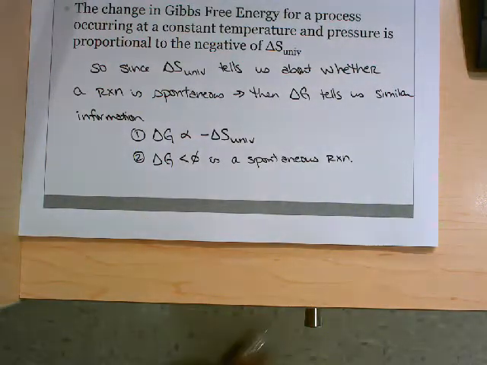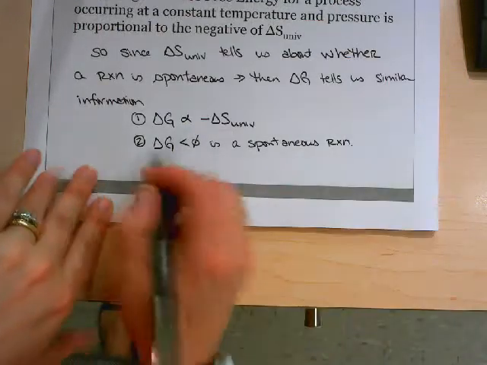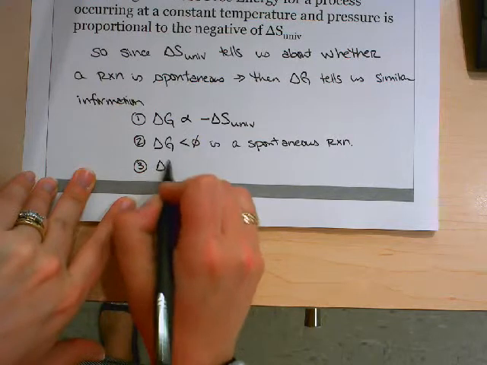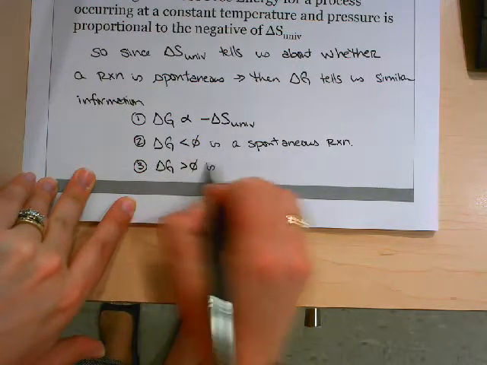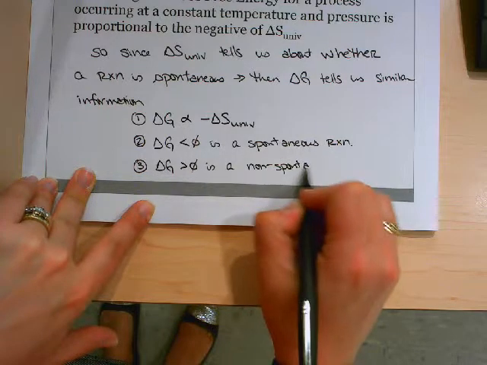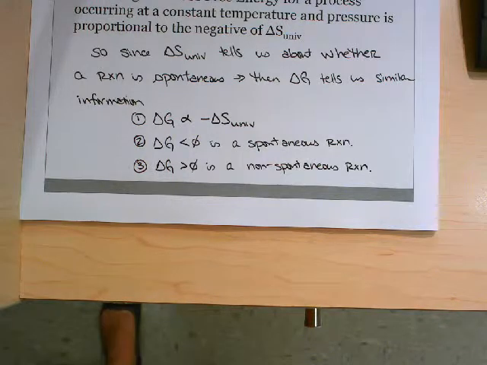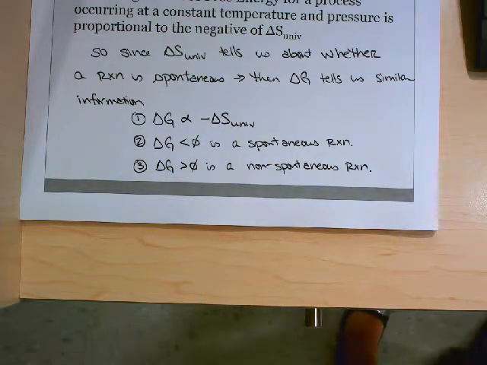So since they're equal but opposite signs, you'd have a negative delta G for a spontaneous reaction. Or the opposite is true: if delta G is positive, then that is a non-spontaneous reaction.